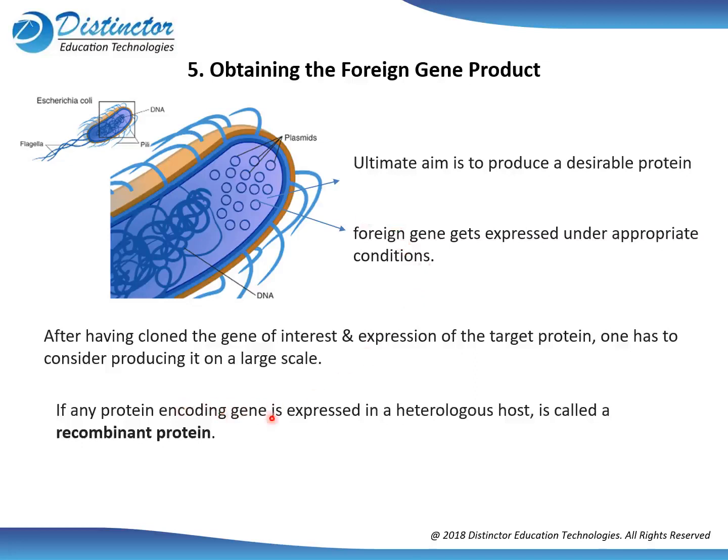Any protein coding gene which is expressed in a heterologous host is called a recombinant protein. In a normal cell, the protein produced is a normal protein. But when we isolate that protein gene and introduce it into another host cell, the protein produced in that host cell is called a recombinant protein.